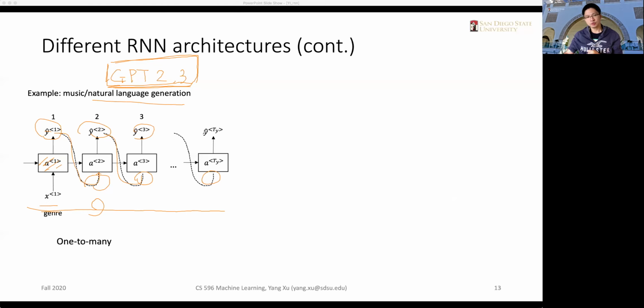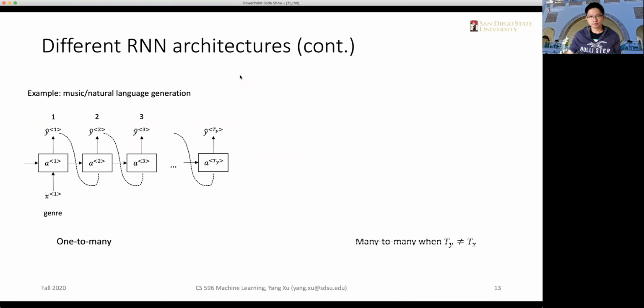Until we reach some point where we have a satisfactory ending word generated. Then that's where we cut the model and say, okay, we're done with this generation task. That's the one-to-many architecture.